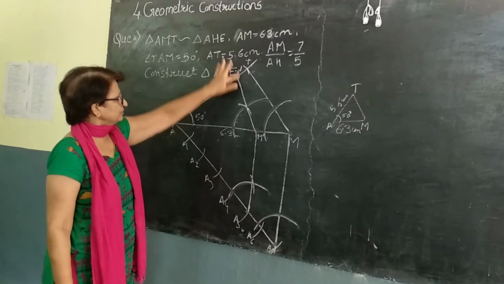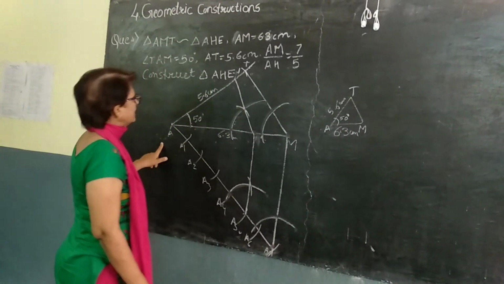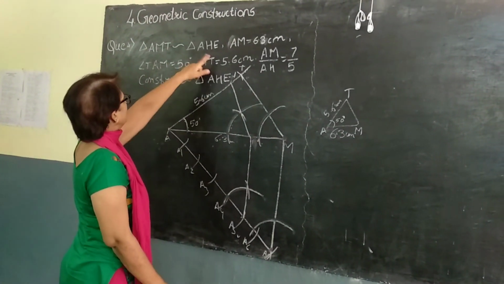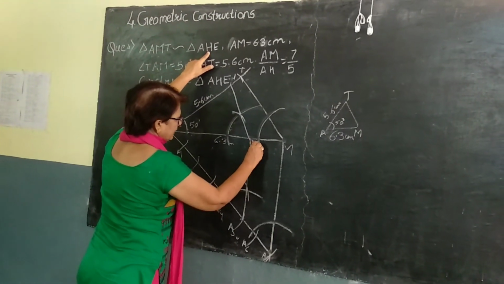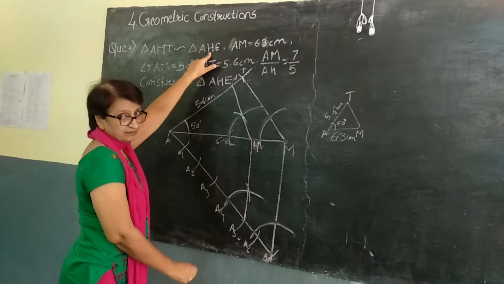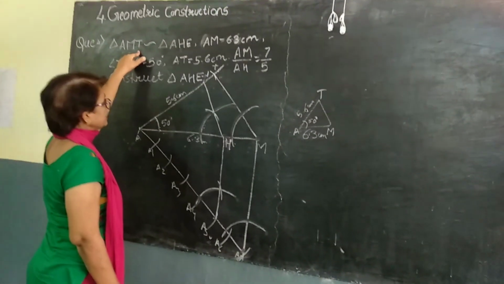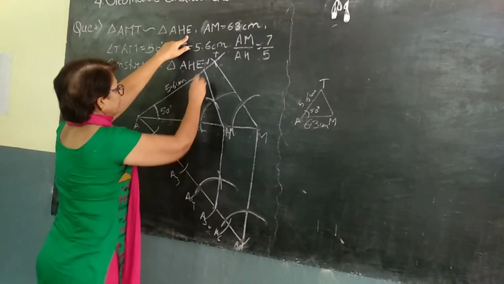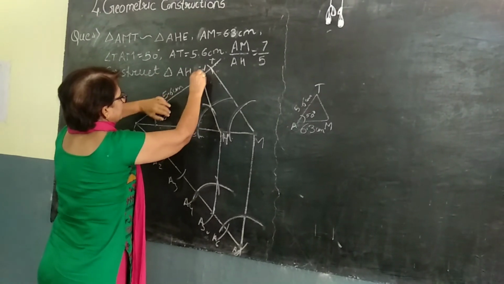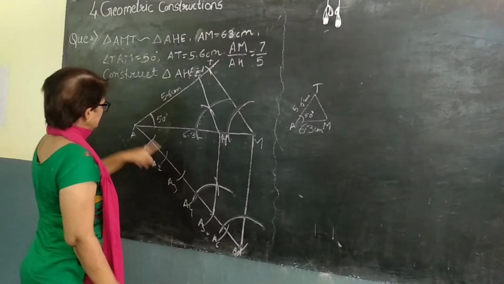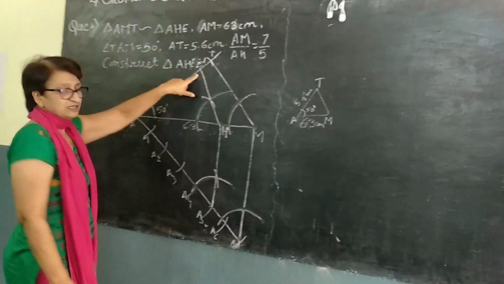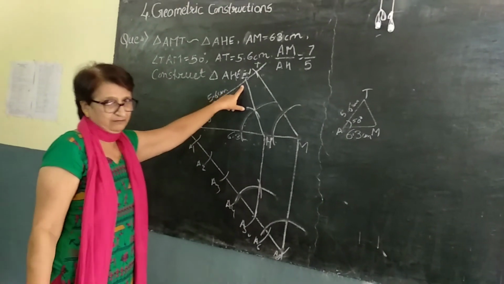Sorry, the names are different. It is A. Then here what I told you, this is A. The M point has to be H. So here we will have H. Right? And here it is T. So instead of T we will have E. So we will be naming this point as E. Okay? So AHE is the required triangle.